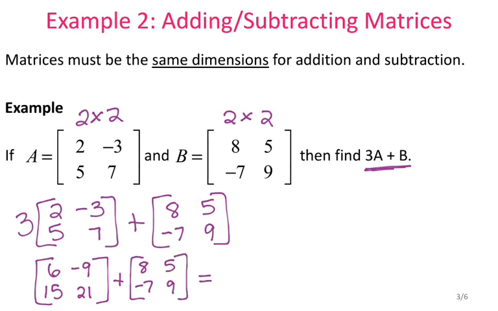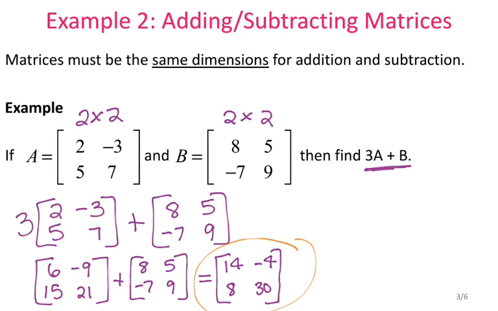And then I'm just going to add or subtract the corresponding elements. So I have 6 plus 8. Well, 6 plus 8 is 14. -9 plus 5 is -4. 15 minus 7 is 8. And 21 plus 9 is 30. And voila, there is your answer for this example.